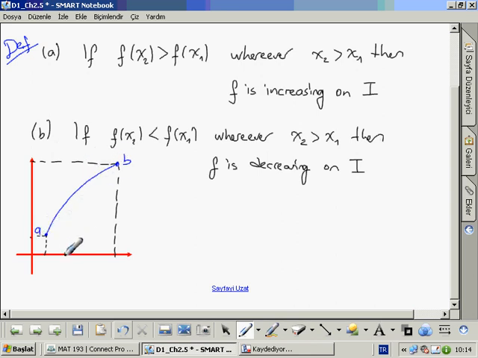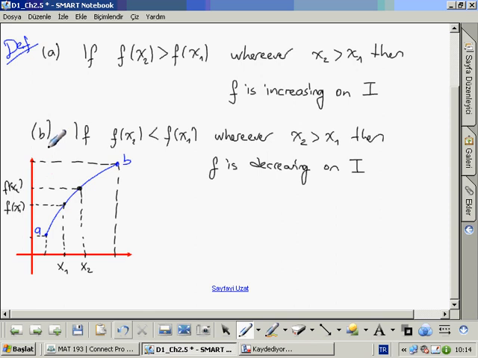Okay, for example, this point is x1 and this point is x2, and this is f of x1, this is f of x2.